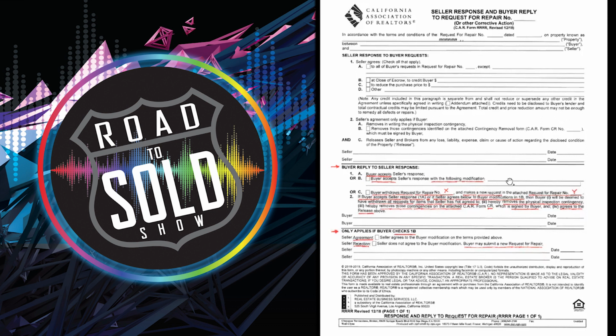We're not adding that one more item back in. And he checks, no, I don't. And at that point, you would have to do a new request for repair if the buyer was still insisting on trying to get whatever they asked for up here agreed to, or they wanted to modify it yet again. They would do it with a new request for repair.